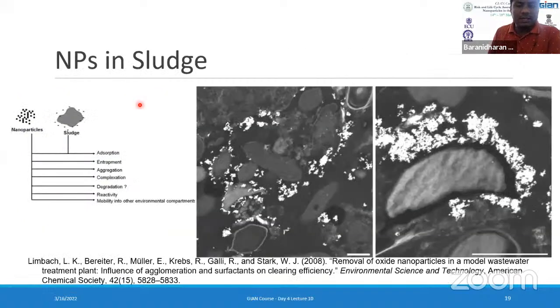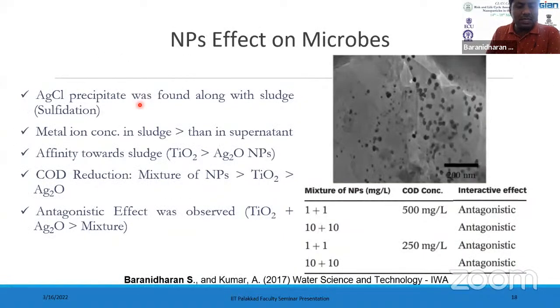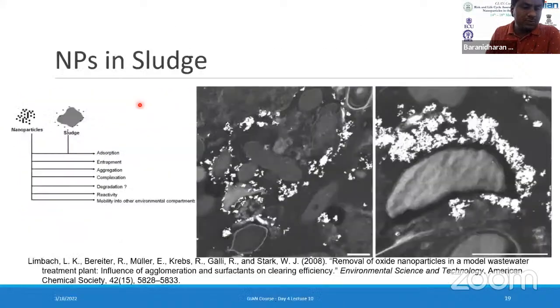So this was one such study that was done during my research work, and similar kind of analysis was also done earlier in the year 2008. This was one such early study where it was evident that these nanoparticles get onto the sludge.